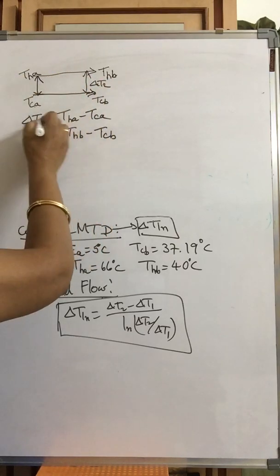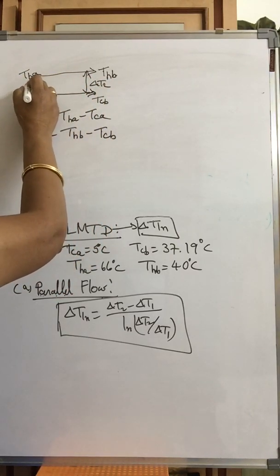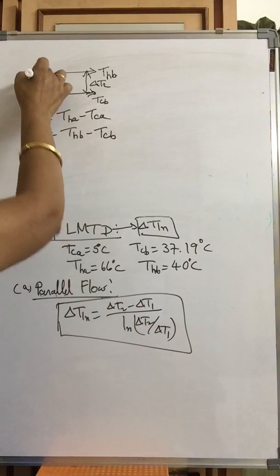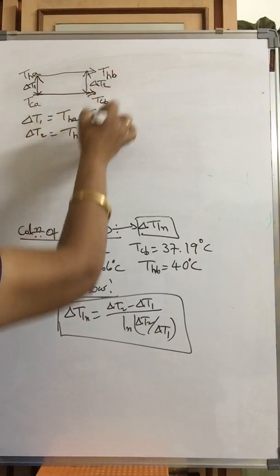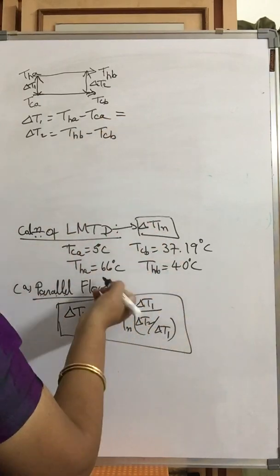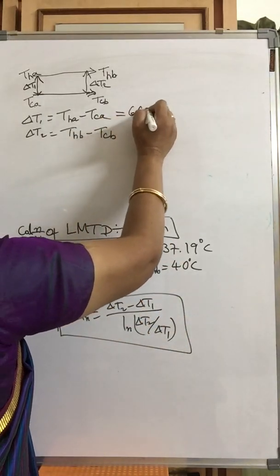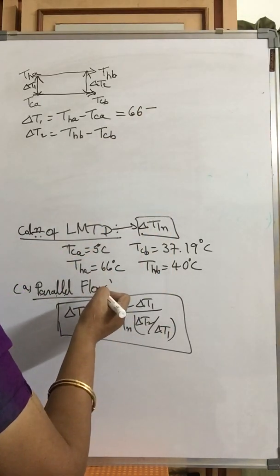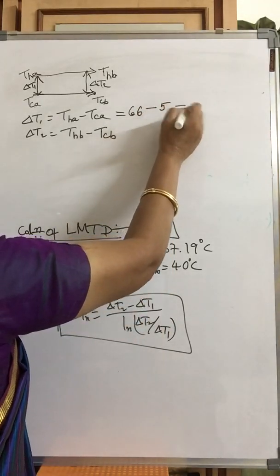THA minus TCA is delta T1. Delta T2 is THB minus TCB. You have all the values, so you simply substitute. THA is 66 minus TCA, which is 5.